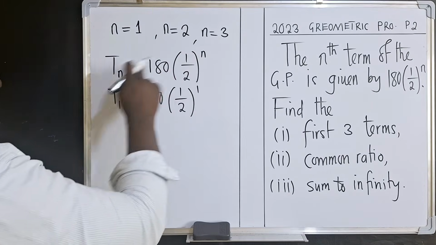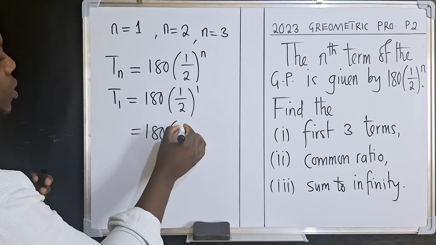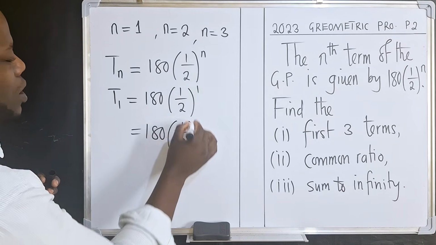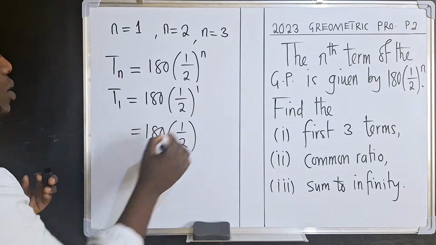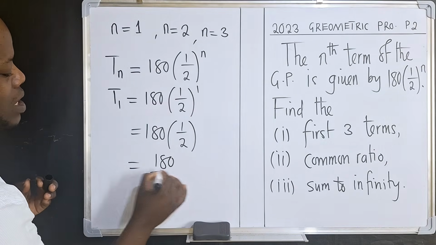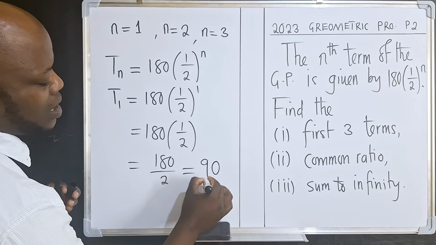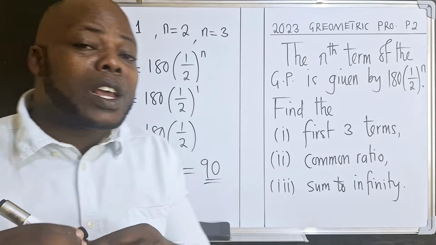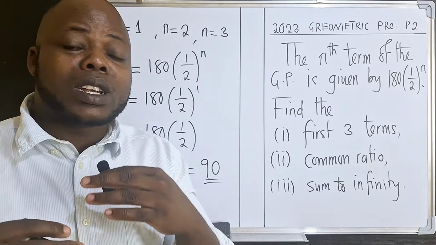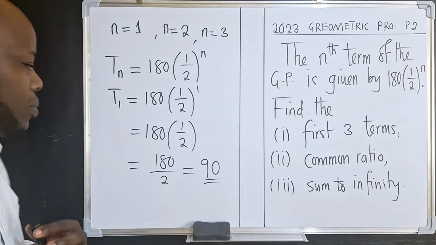Where there's n, you put 1. This is 180 times 1/2, and the power 1 would just be the same. 180 times 1 is 180 over 2, which gives us 90.